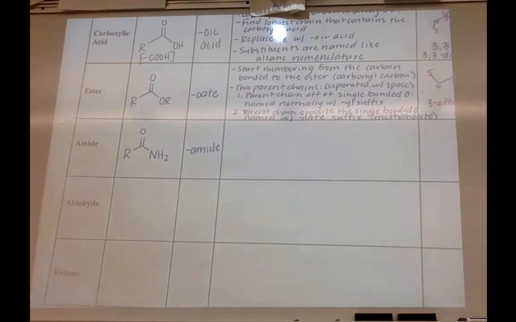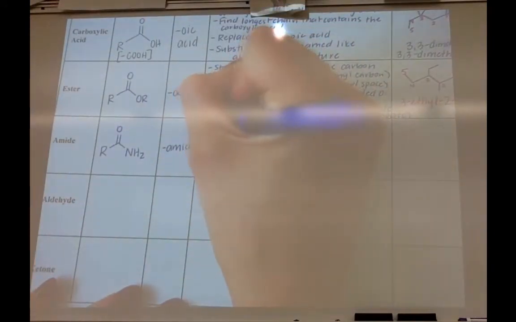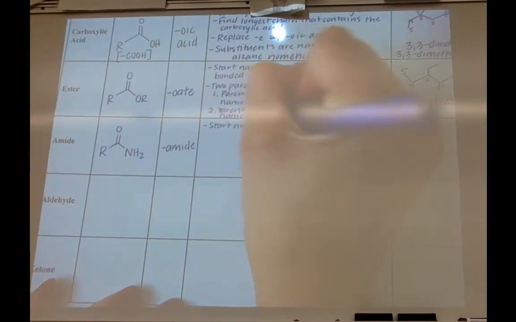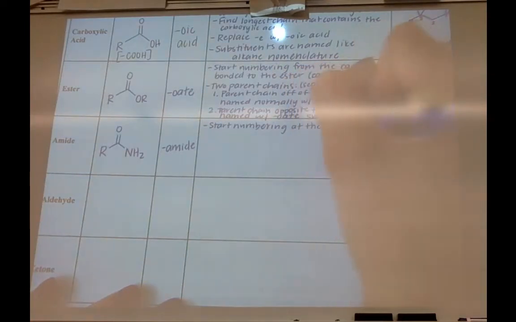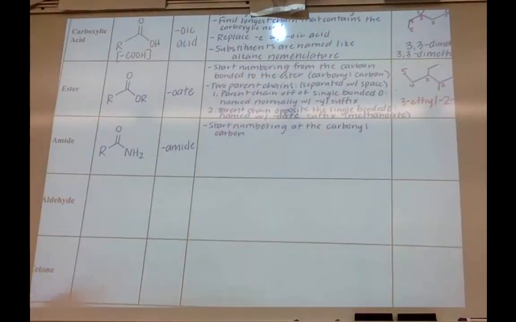Now, naming. So those naming rules with amides. We're going to start numbering at the carbonyl carbon. We're going to name it as normal.